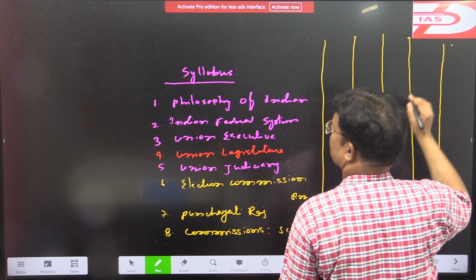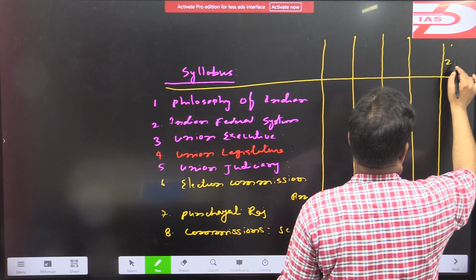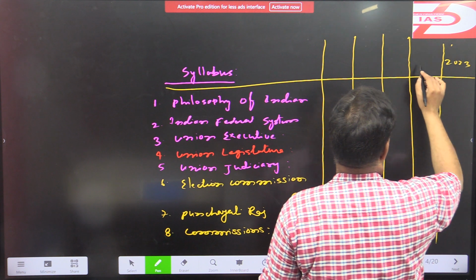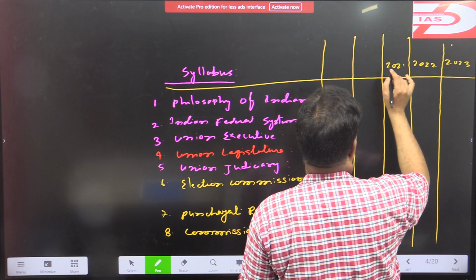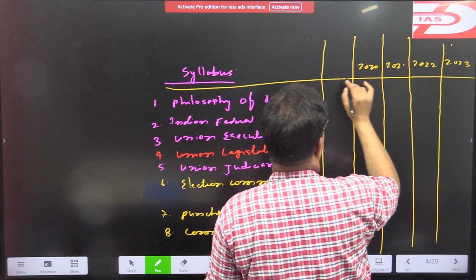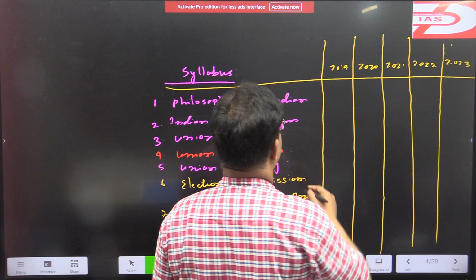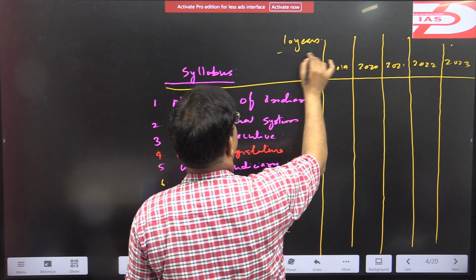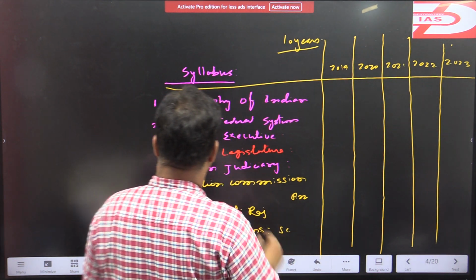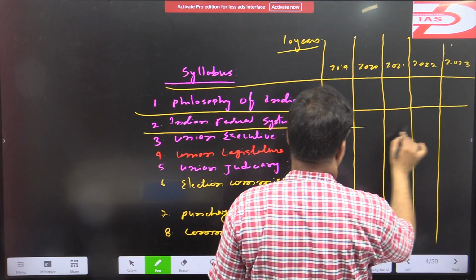Say 2023, 2022, 2021, 2020, 2019 and so on, at least 10 years of questions, and analyze the frequency.